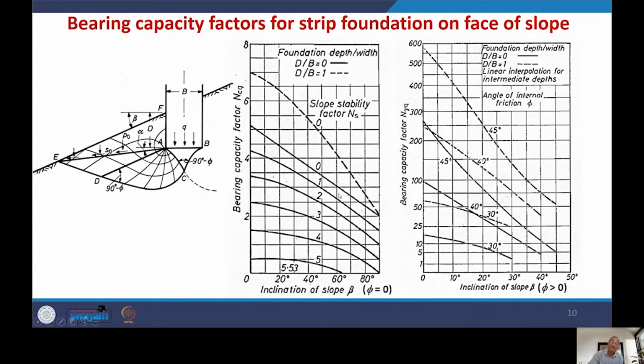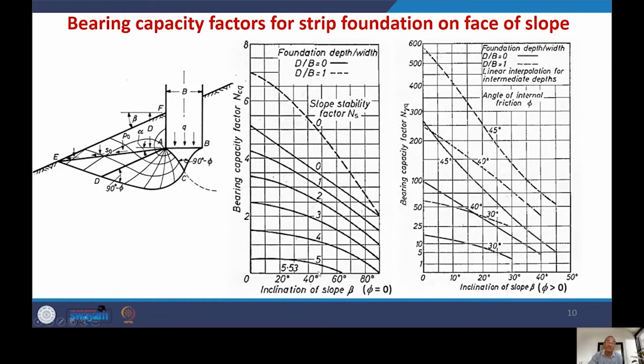Then, when the stability number Ns is increasing, what will happen here? You could see that for the same inclination of slope, the bearing capacity factor is decreasing.